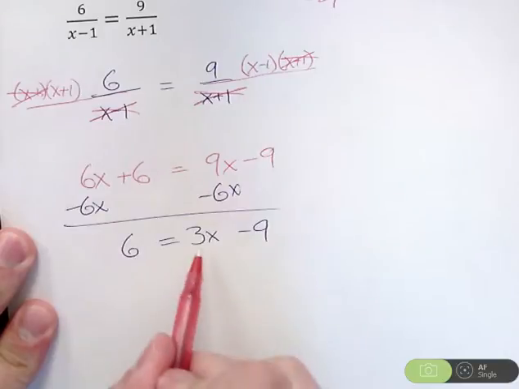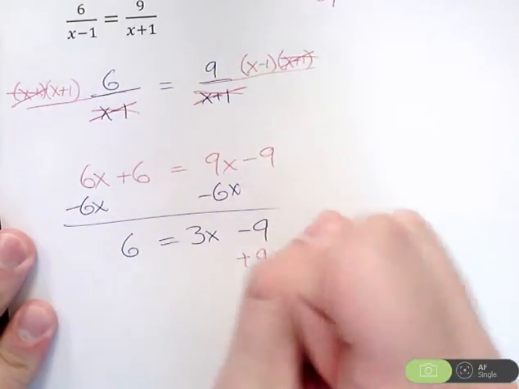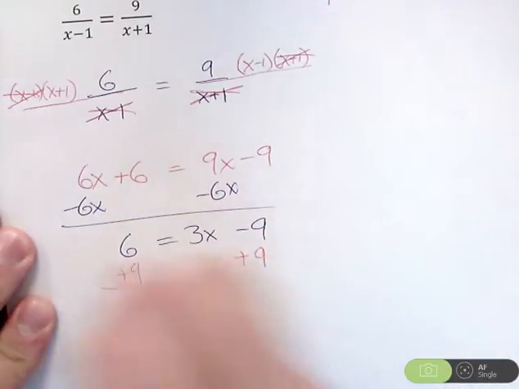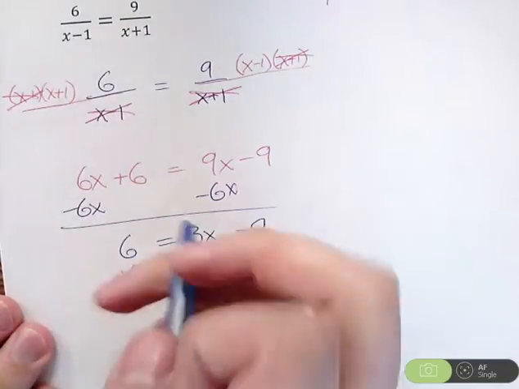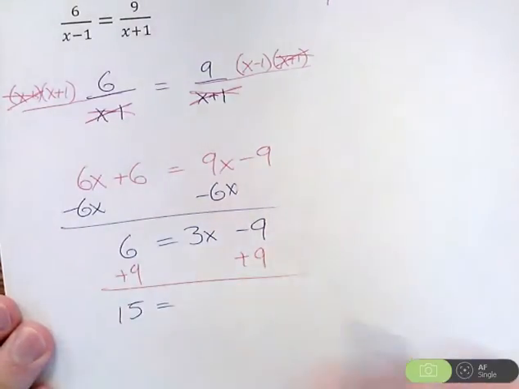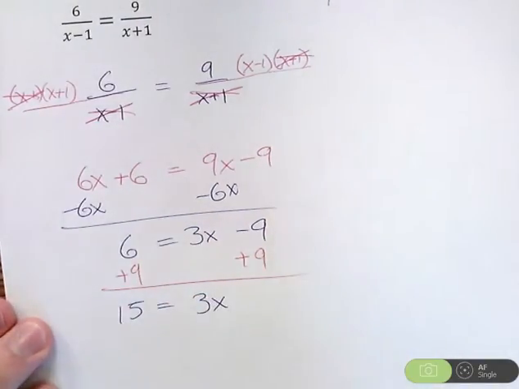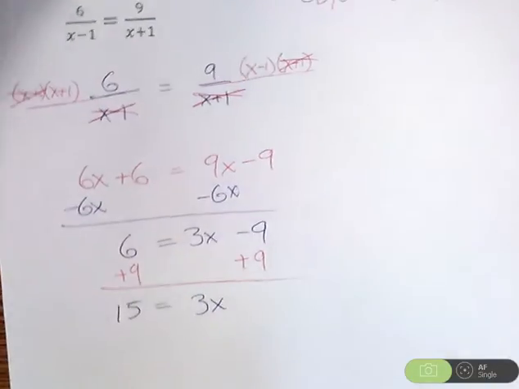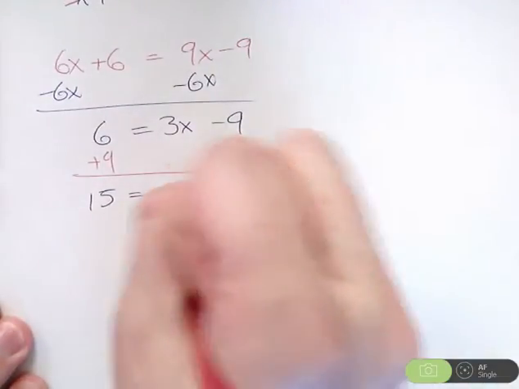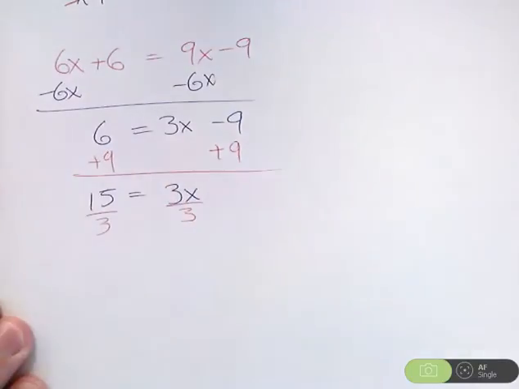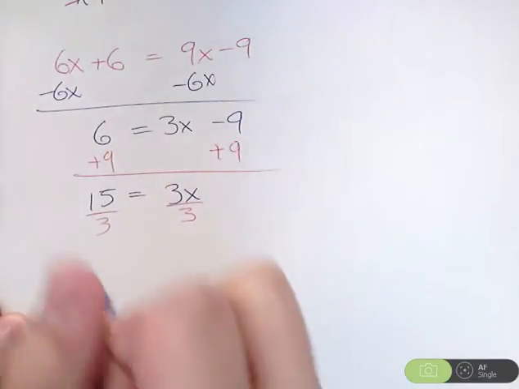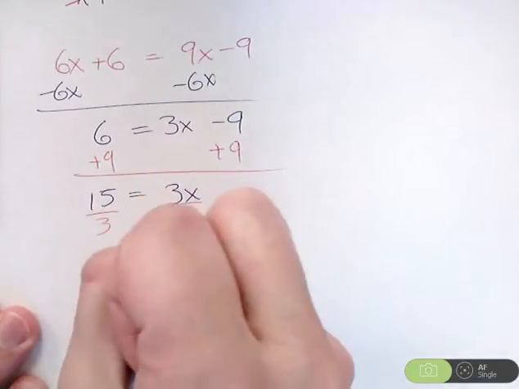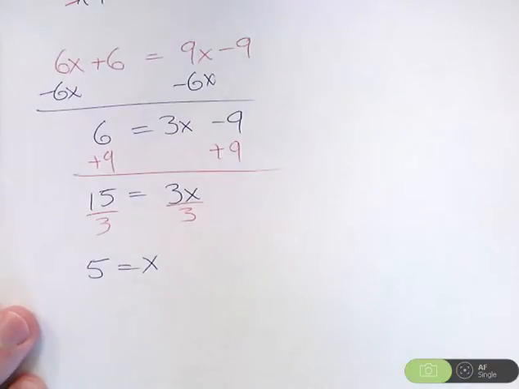So I'm going to add 9. That gives me 15 equals 3x. And then to get x completely alone, we're going to divide by 3, and I get 5 equals x.